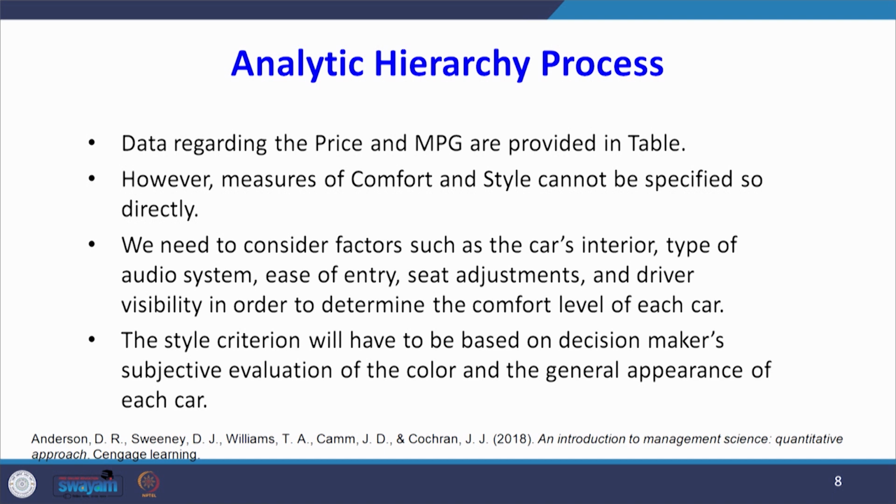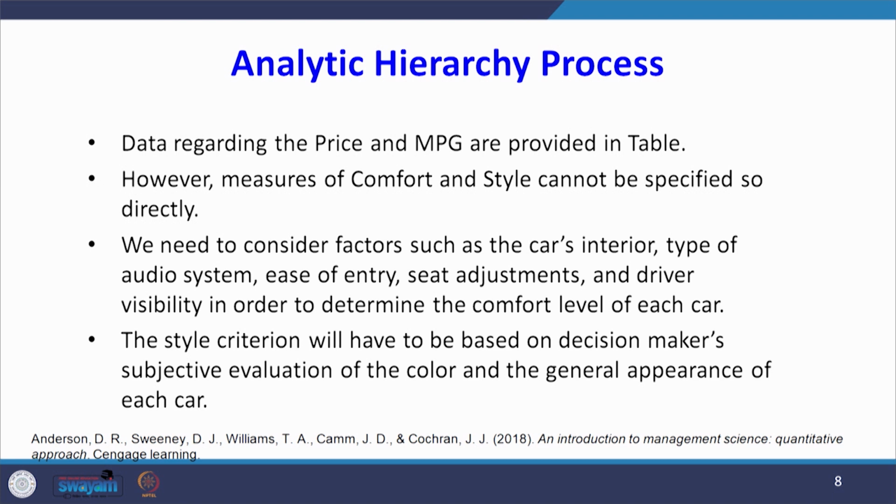So, we need to consider factors such as the car's interior, type of audio system, ease of entry, seat adjustment and driver visibility in order to determine the comfort level of each car. The style criterion, which is also qualitative in nature, will have to be based on the decision maker's subjective evaluations of the color and the general appearance of each car.